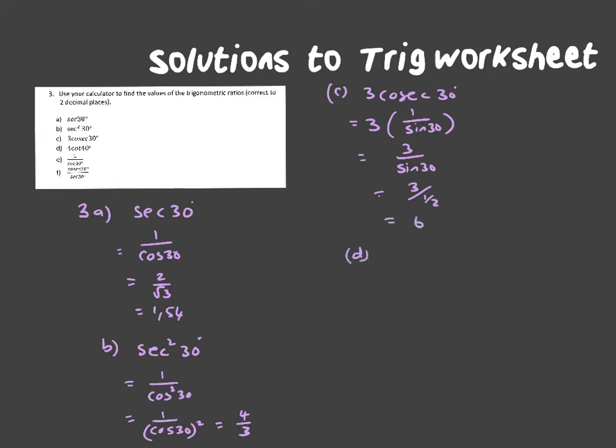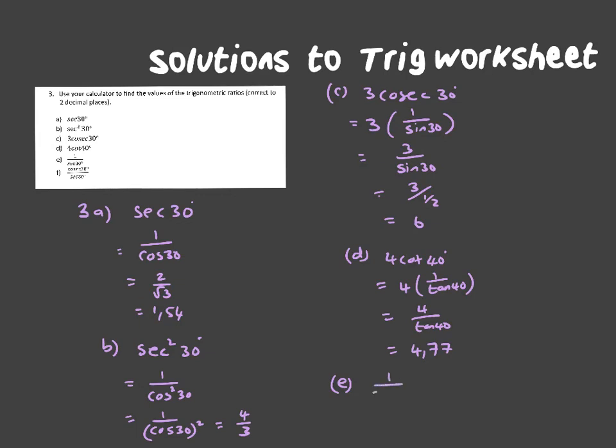So type that in your calculator if you're not very good at fractions yet, but sort out those fractions, eh? So 4 cot 40. Cot is the reciprocal of tan, so that's 1 over tan of 40. So that therefore is equal to 4 over tan of 40. And what is 4 over tan of 40? Yeah, that's equal to 4.77.